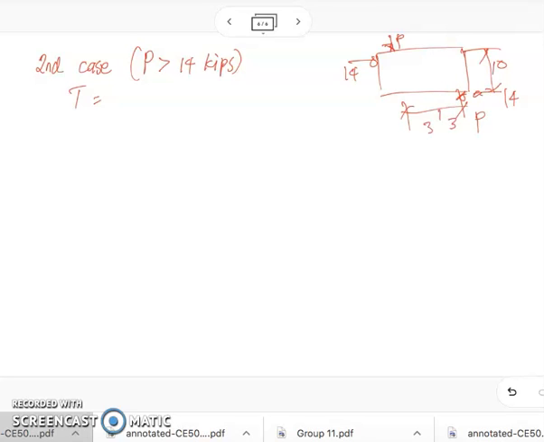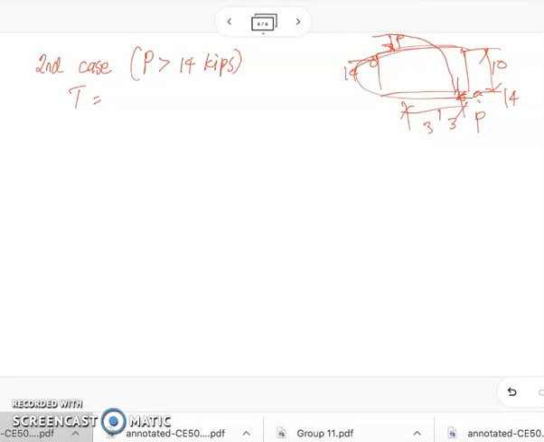Since our P is greater than 14 kips, the directions are reversed.